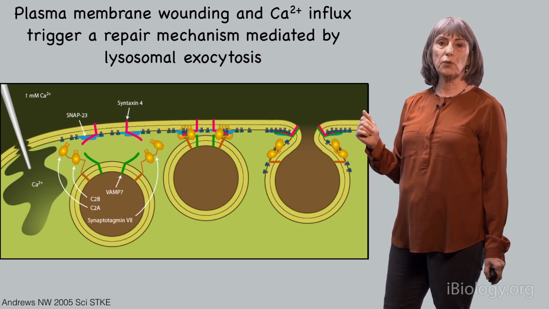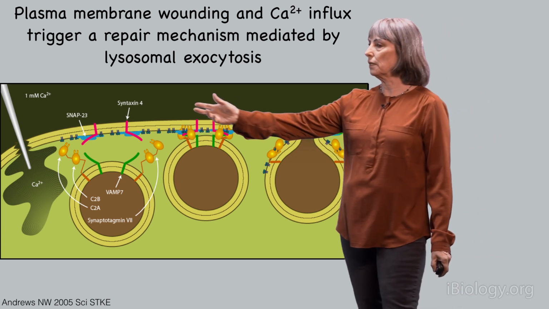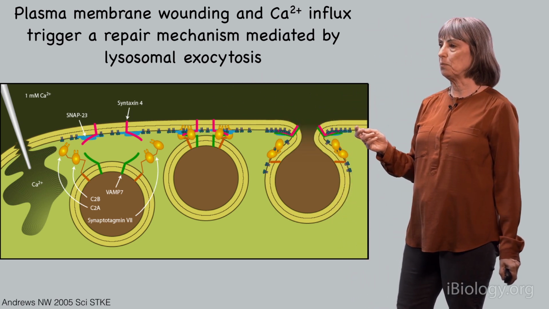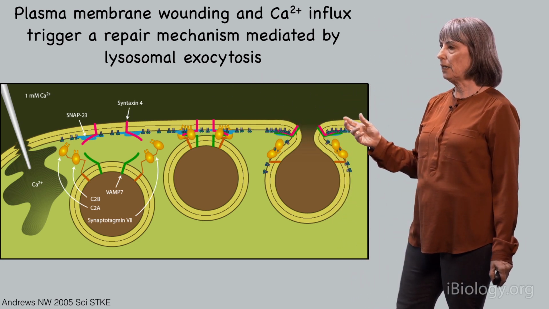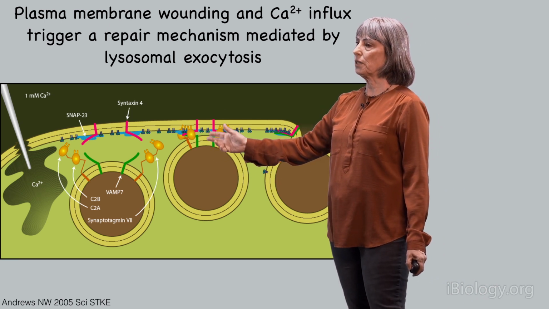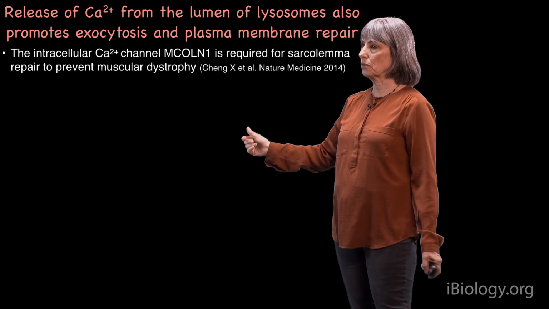And when we blocked this process of lysosomal exocytosis triggered by a wound on the membrane, we could also inhibit membrane repair. One of the tools that we used for this process was a calcium sensor that we found on the membrane of lysosomes.